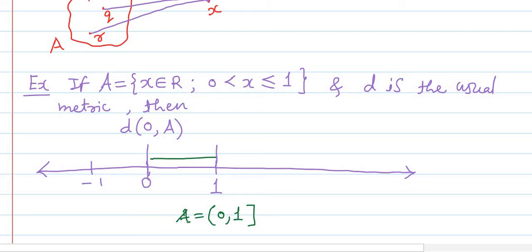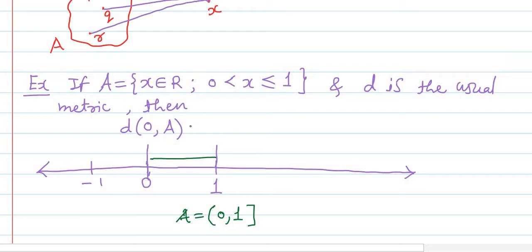Clearly 0 is not a member of set A. But if you find the distance of 0 from the set A, then the distance of 0 from 1 is obviously 1. Distance of 0 from 0.8 is 0.8. Distance of 0 from 0.65 is 0.65. Distance of 0 from 0.4 is 0.4. Distance of 0 from 0.1 is 0.1. Distance of 0 from 0.0001 is 0.0001, and so on. All these are members of the set A, and of all such distances, the infimum of such set is obviously 0.